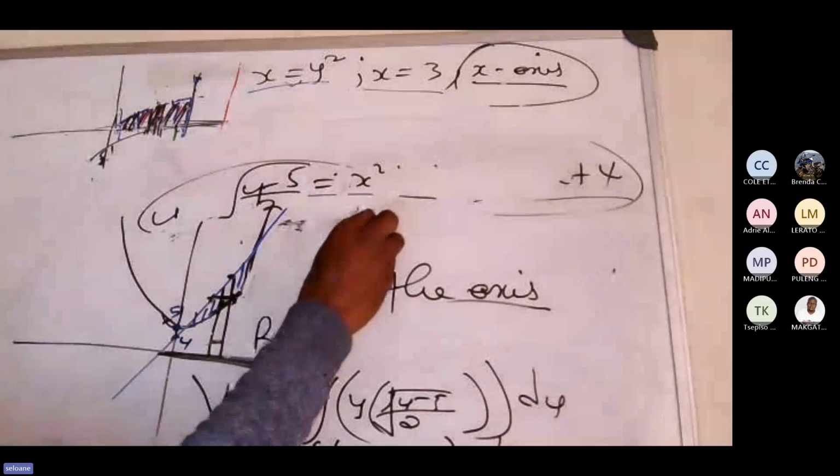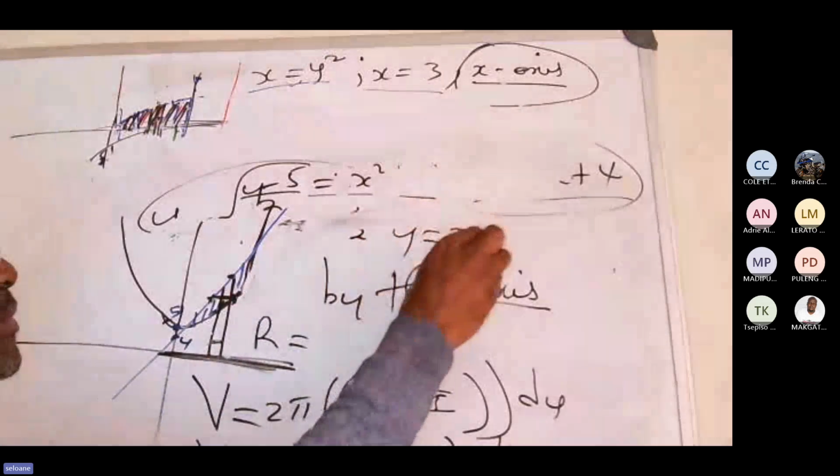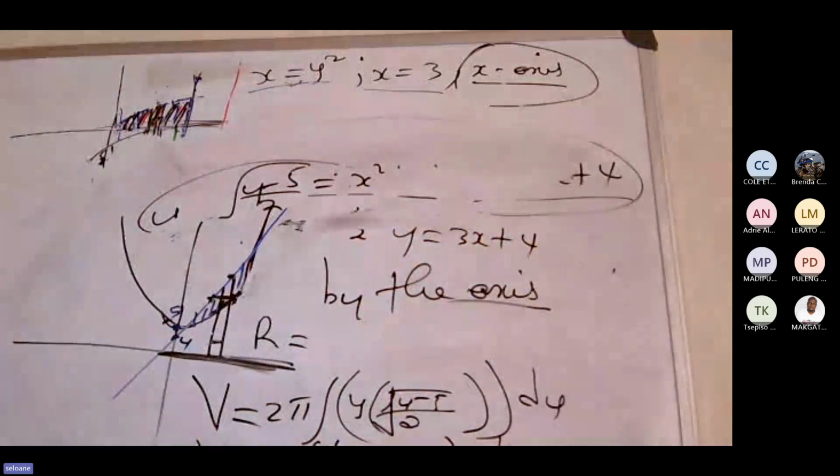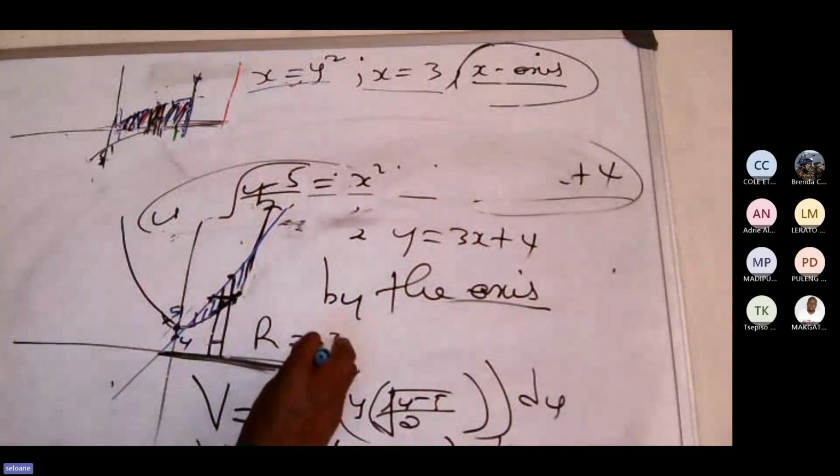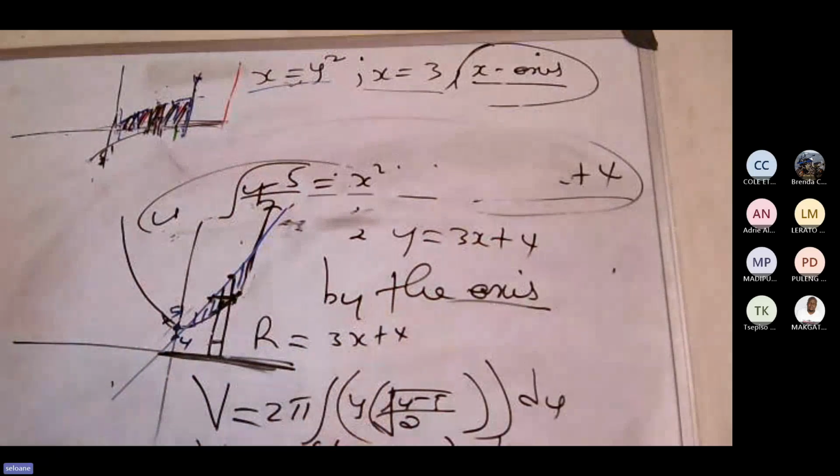Is y on that straight line? This capital R is 3x plus 4. Therefore, it will now be what here? 3x plus 4, all squared.